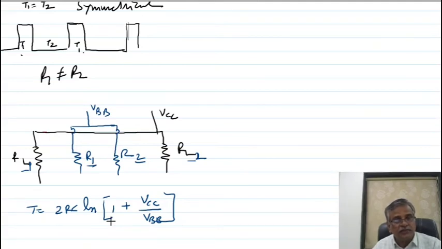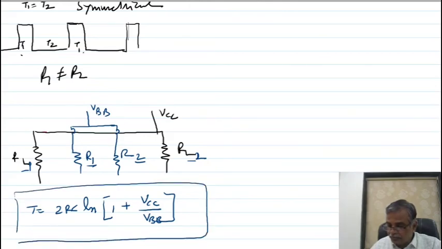If you are giving a different supply voltage to the base and collectors of the transistors, then the equation of the periodic time is as shown in the figure. By changing either VCC or VBB, you can vary your frequency of oscillation.